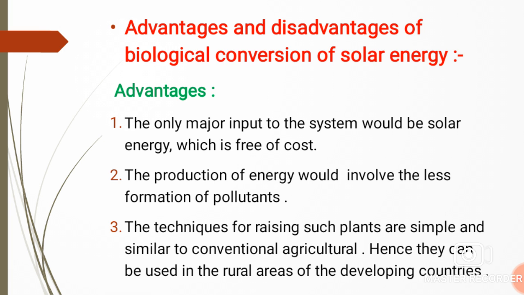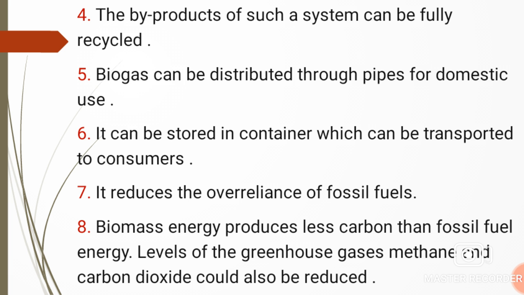The next advantage is that the byproducts of such a system can be fully recycled. We know that generally the byproducts of biomass energy conversion are the producer gas and ash. Producer gas acts as a fuel for many applications, and many times it can be directly used for thermal applications, and ash acts as a fertilizer for the plants.